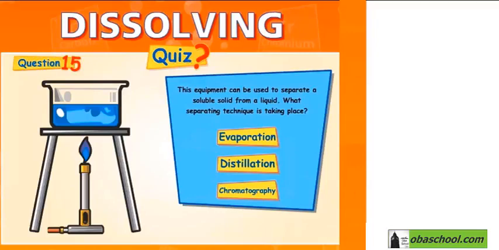This equipment can be used to separate a soluble solid from a liquid. What separating technique is taking place? Evaporation, distillation, or chromatography? So you see this apparatus, you have the Bunsen burner at the bottom, and above it is a beaker, and this beaker is being heated.